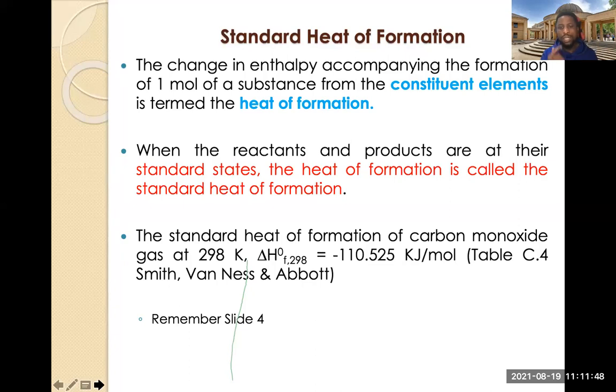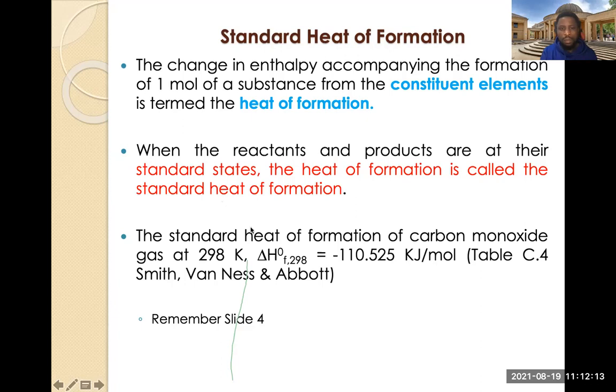So for example, heat of formation of carbon monoxide, that is a compound, not an element. So remember we said for element, it's 0. So for a compound, different component elements come together. So 1 mole of the substance formed from the constituent elements is termed heat of formation.